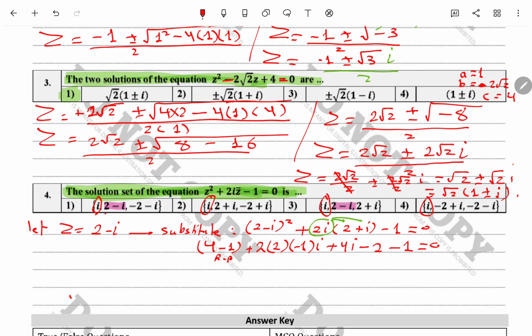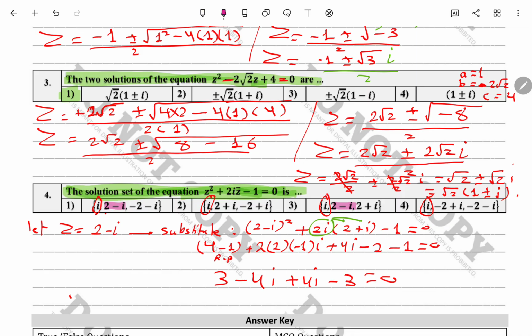Try to expand the brackets and evaluate them. You can get 3 minus 4i plus 4i minus 3 all equals 0. If you get 0 on the left side equal to the 0 on the right side, that means your solution is true and you chose the right root.